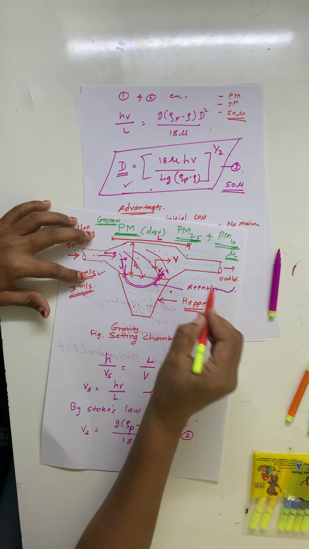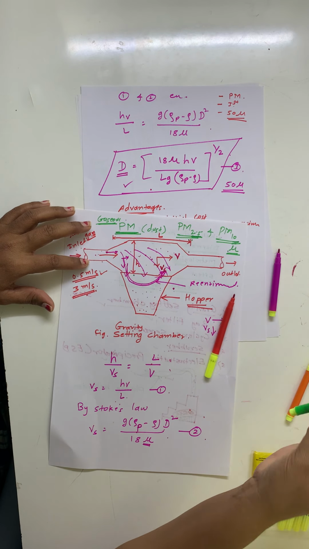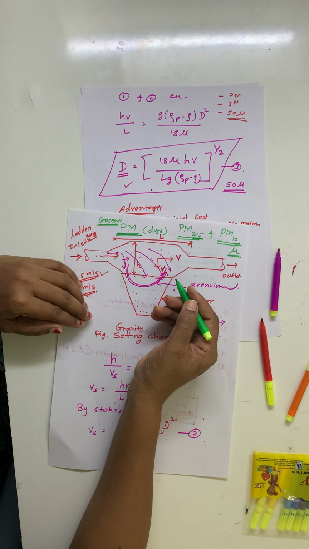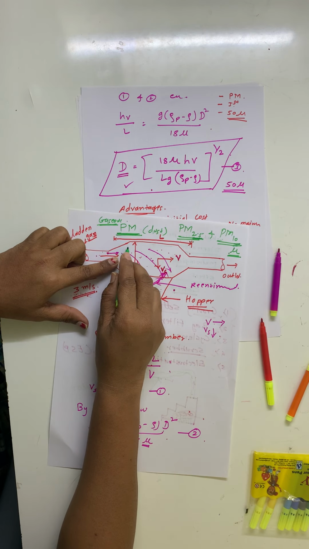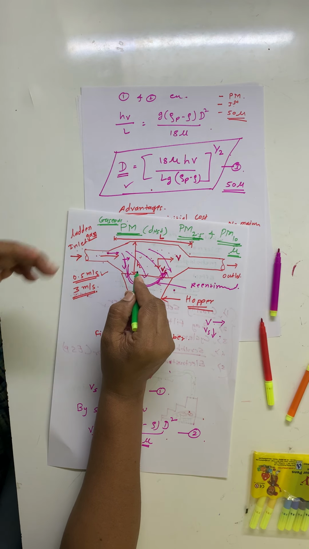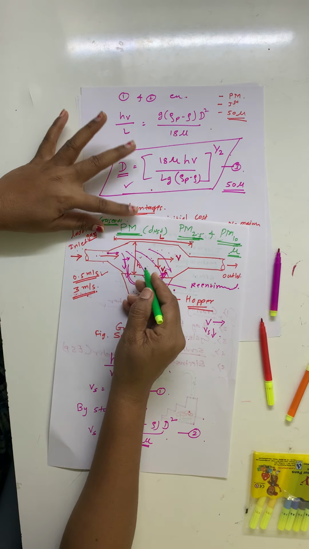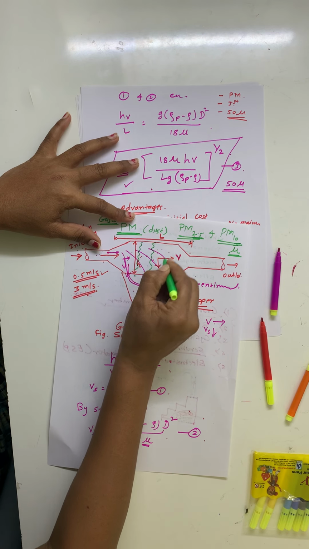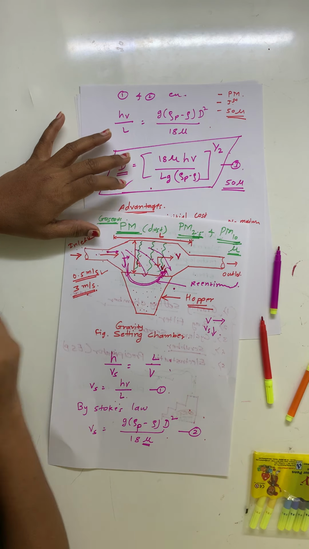I have made this figure a little dirty, so I will take a different color pen. Further, if you want to reduce the velocity of particles, not the velocity of gas, we can keep the gas velocity constant. We can keep cotton curtains in a hanging position.